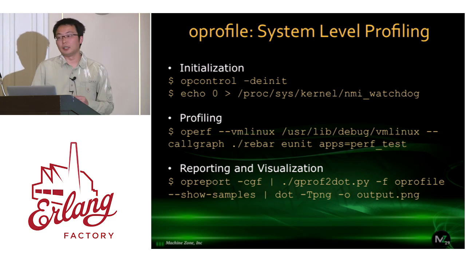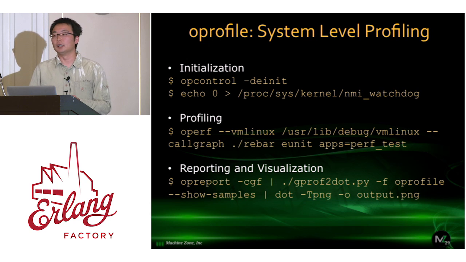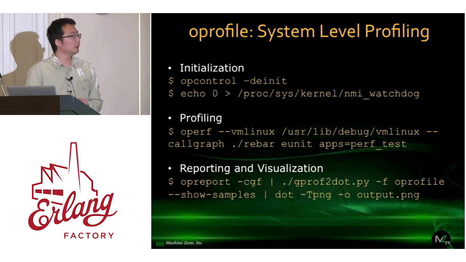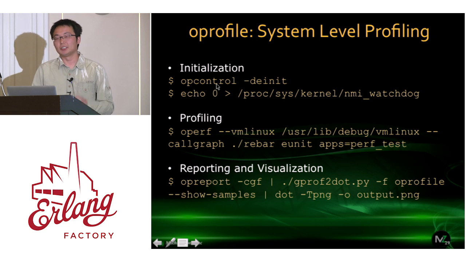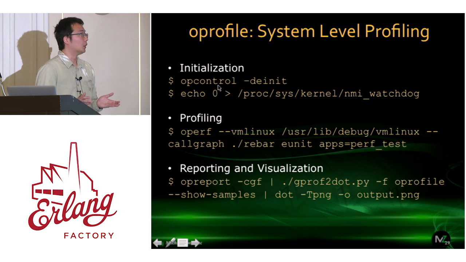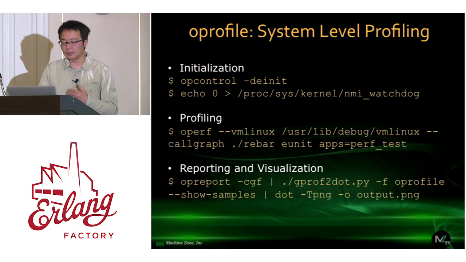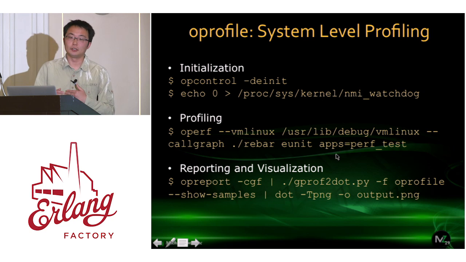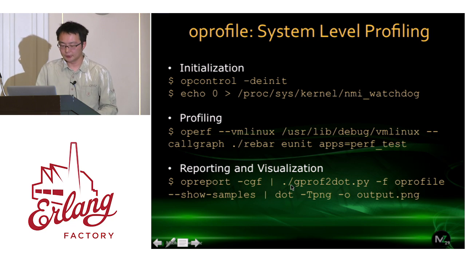Oprofile itself is very powerful and has a lot of functionality, but the most simple way of doing it is to first initialize your oprofile, then fire up your oprofile with your test command. Then it will generate a report, and you collect the report and do the visualization.